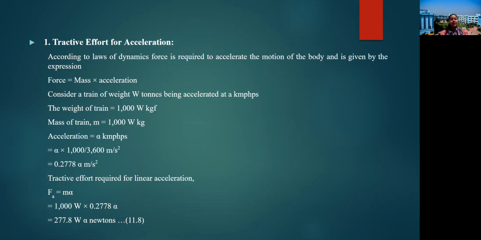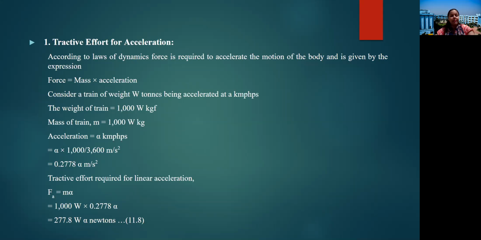Now the weight of train is 1000 W kgf. Mass of train is 1000 W kg. Acceleration alpha kilometer per hour per second. Now we are converting kilometer per hour per second to meter per second square. So it will be alpha into 1000 divided by 3600 meter per second square.